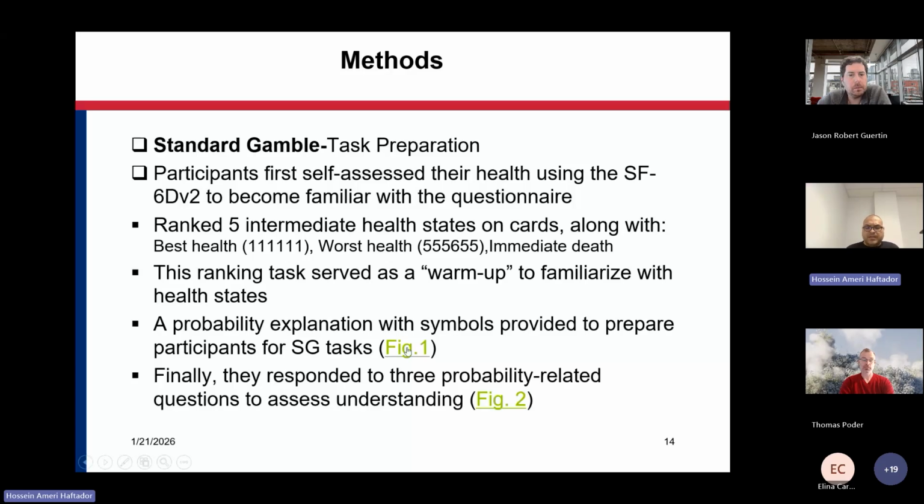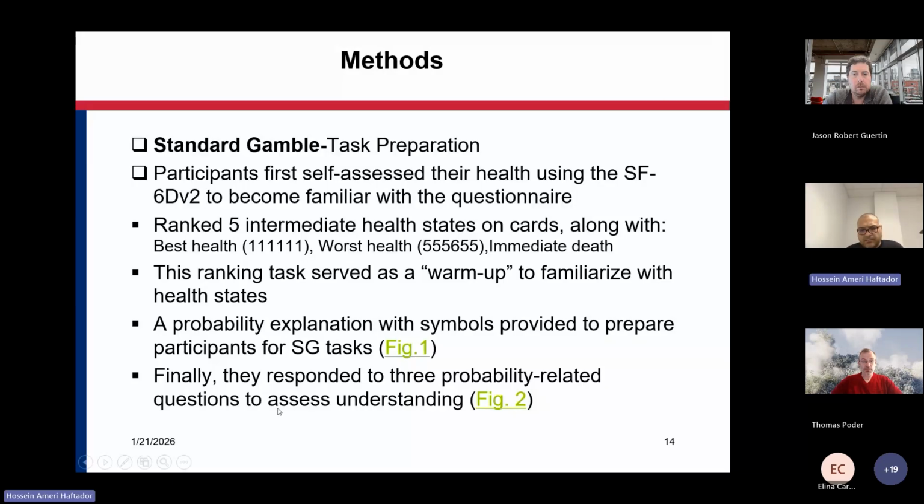Figure 1 shows what is done for the concept of probability. We use a probability explanation like this picture: 5% and 10%. Every dog represents a person.